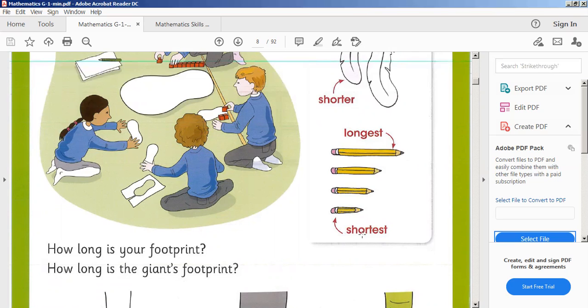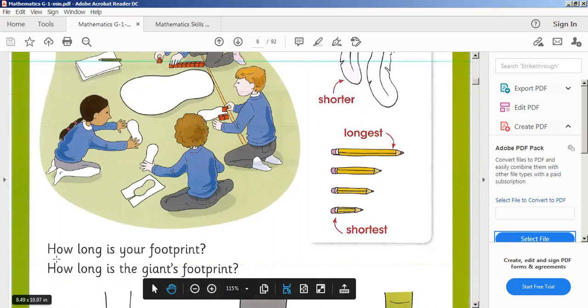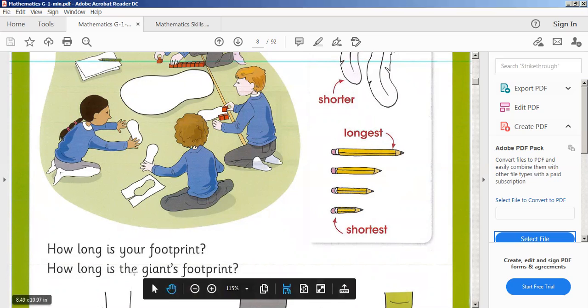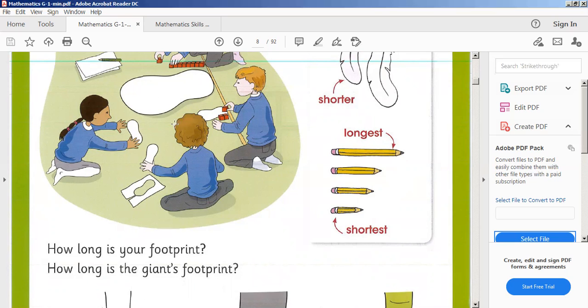Now we can ask, how long is your footprint? If they made this measurement, they will tell you how long their footprint is. They can tell you in centimeters, in blocks, they can measure with different things. How long is the giant footprint? In class we have one giant footprint, and we measure this also. It is not related to these girls or boys.